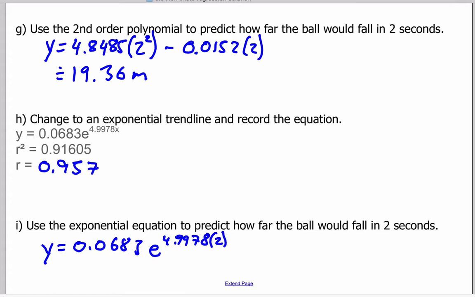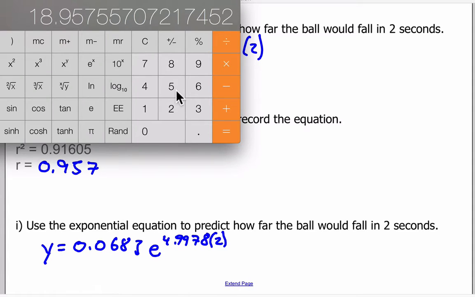So I'm going to call up the calculator just so that you know how to do this calculation if you are ever trying to decide if you're dealing with an exponential trend line. So it's 4.9978 times 2, e to the x, times 0.0683, and you get approximately 1,497.